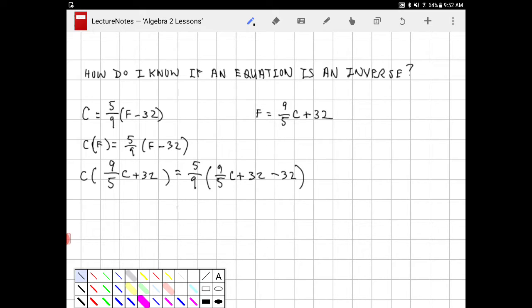If I go through the mathematics, I distribute the 5/9, and something strange happens: the 32 minus 32 becomes 0. So I get 9/5 C, and I end up with C.